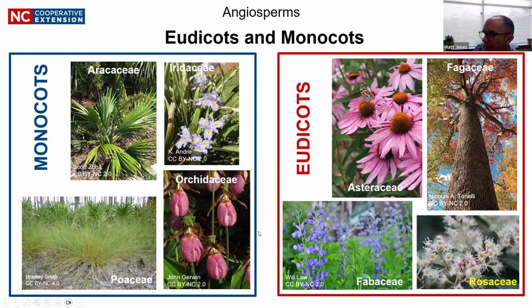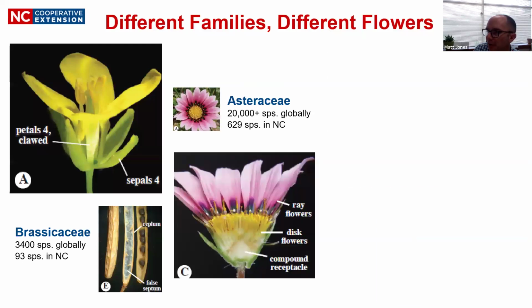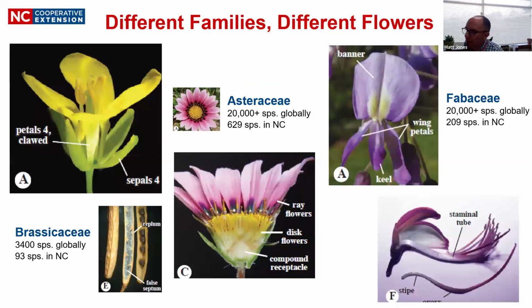So again, next time you see some of these in flower, count the flower parts and see if they're multiples of 4 or 5 or multiples of 3 to distinguish among these two groups. And it's this flower morphology, which we'll cover much more in part 3, that helps us distinguish among different plant families. Often they share similar characteristics in their flower structures, in their anatomy and their morphology.